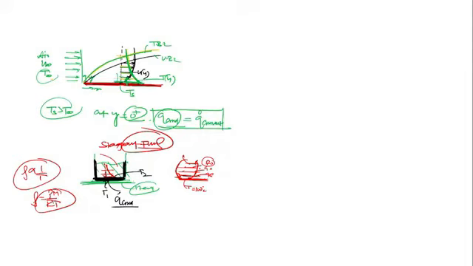Is this clear? Now, initially the fluid was stationary when there was no temperature gradient. Every fluid layer was at the same temperature, initially 25 degrees Celsius, when I just started heating.